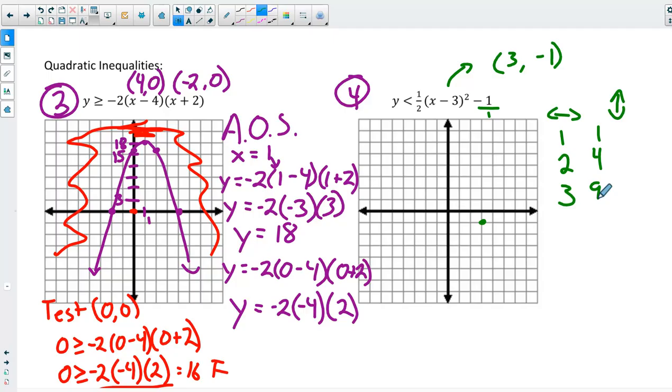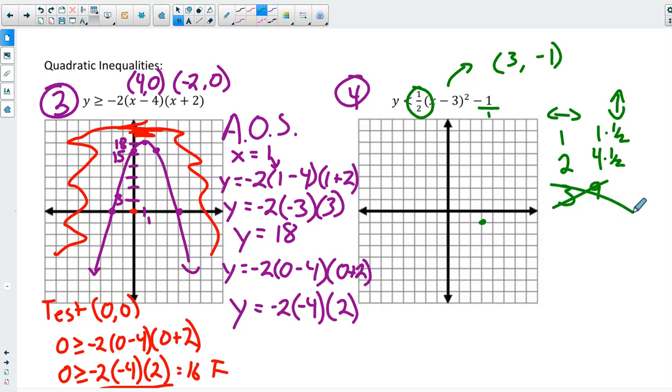What do I have to do to 1, 4, 9? Oh, no. We got to multiply it by what? 1/2. Whatever A is, whatever number is out there. So I times this by 1/2, and I times this by 1/2. I don't care about this, because I'm going to get 5 points.